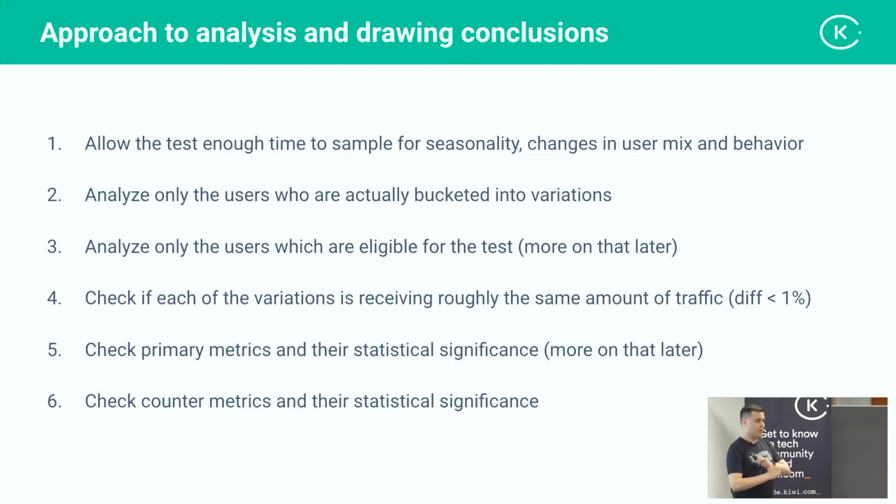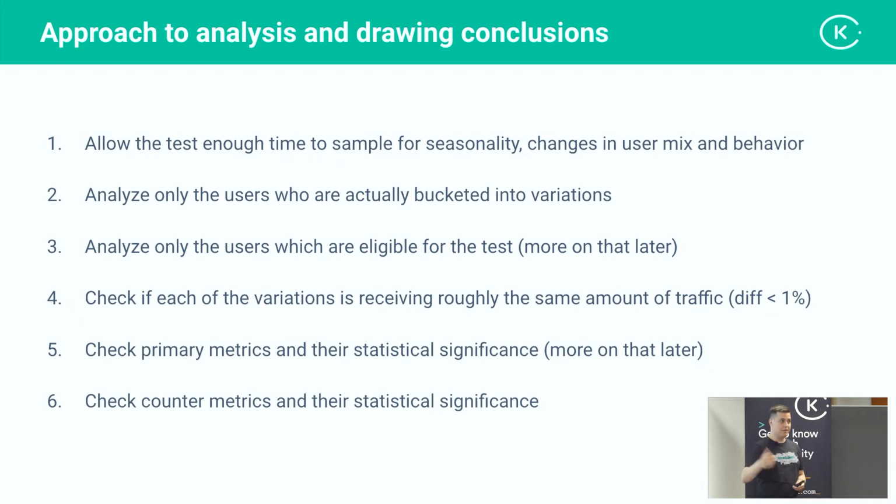Firstly, when we're running the A/B test, we need to allow enough time to get enough samples to draw any conclusions. Meaning that you often need to sample for seasonality. It's an issue if you, for example, run an A/B test for 3 days of the week and draw conclusions based on those 3 days, whereas the weekend might have completely different customer behavior, which is often the case, for example, in travel.